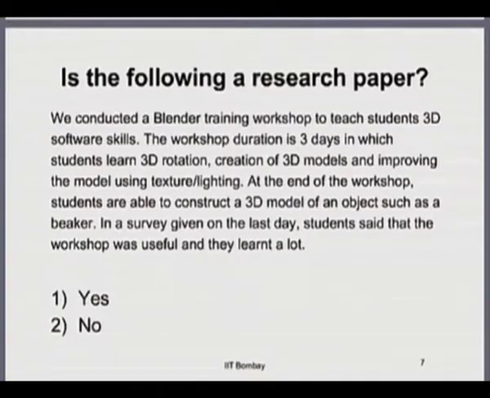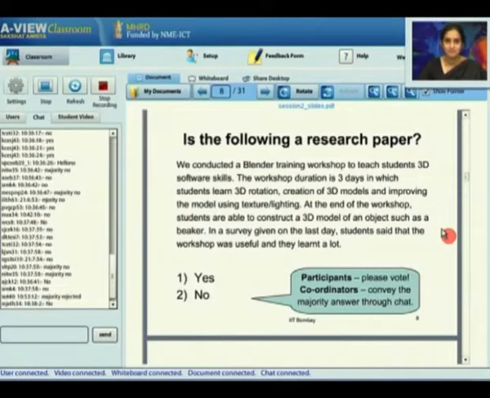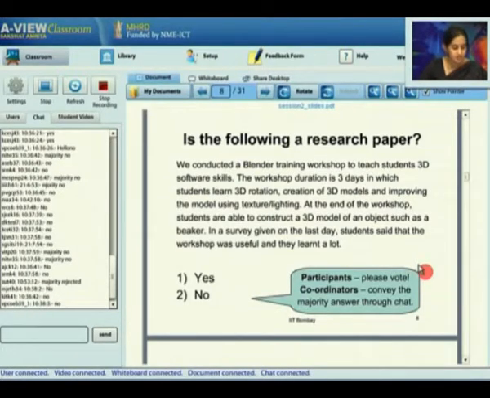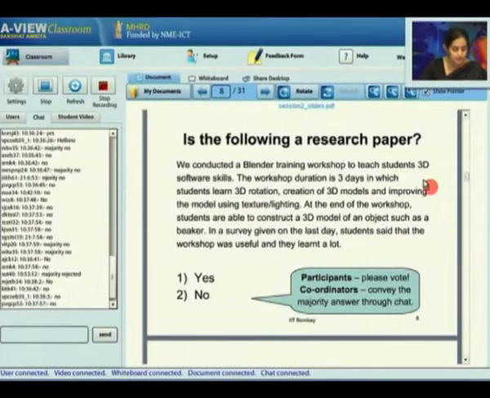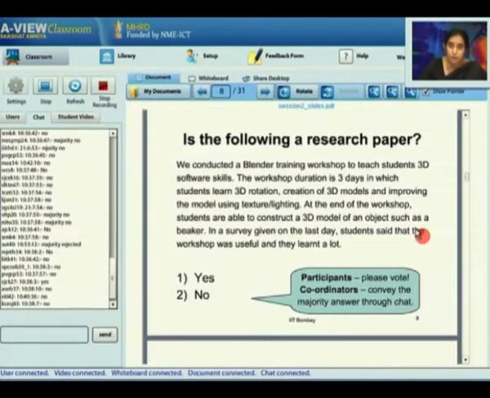Let's look at one more such example, and we'll do the same thing. Here is another abstract, and I'd like you to vote. Participants, please vote if you think this is an abstract of a research paper, and coordinators, please convey through chat. Okay, so a large number of answers are coming in from the chat window, and here again the majority says that no, this is not the abstract for a research paper either.